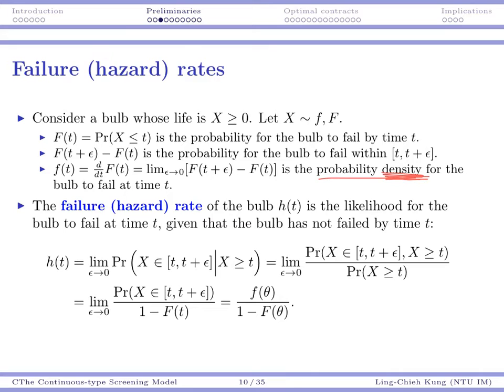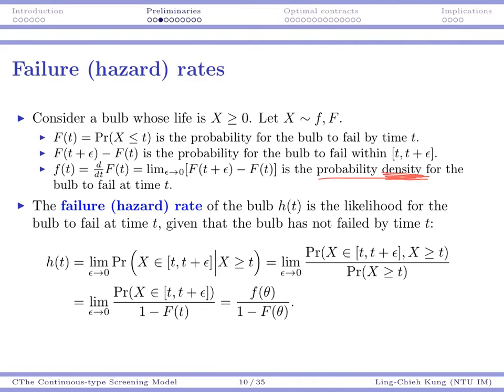Through some very basic derivation, you know this is a conditional probability. The conditional probability requires you to put the probability for X to be greater than t in the denominator, and the numerator is the joint probability. When you look at that, the second condition is useless, because you are talking about X within t and t plus epsilon.